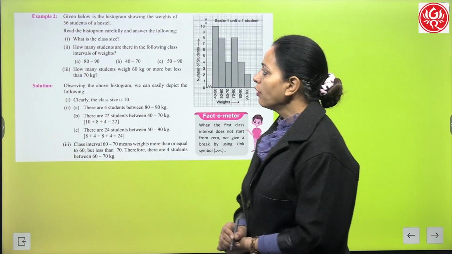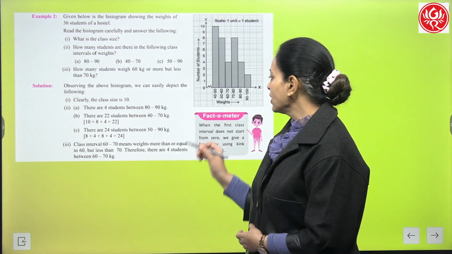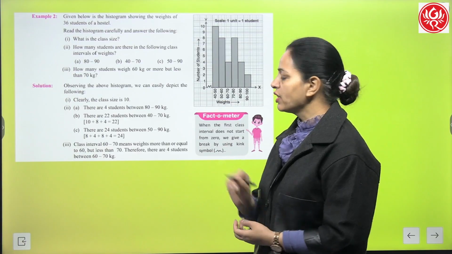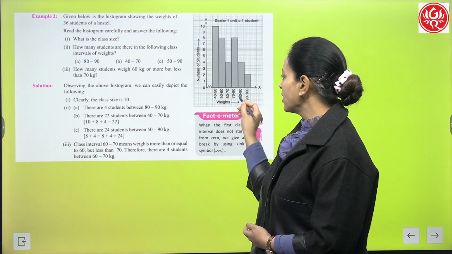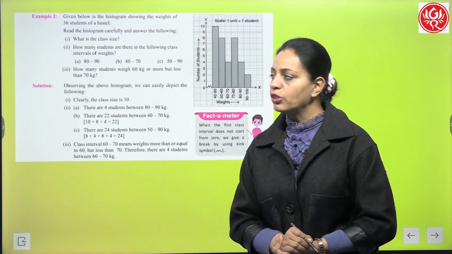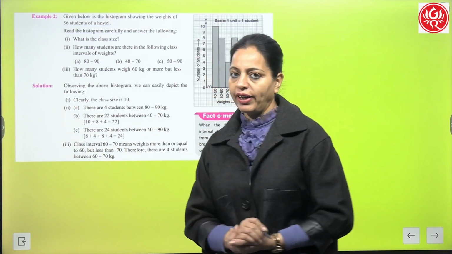Now here the first one, what is the class size? So you can see class intervals given 40 to 50, 50 to 60, 60 to 70, 70 to 80, 80 to 90 and 90 to 100. So class size is 10, right?